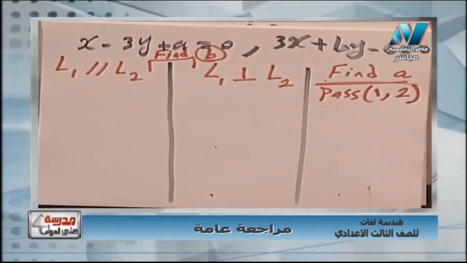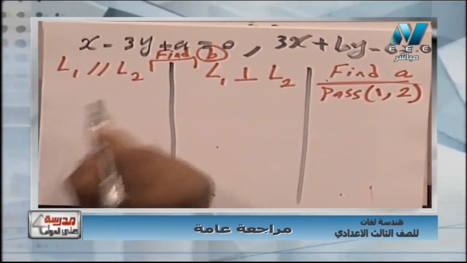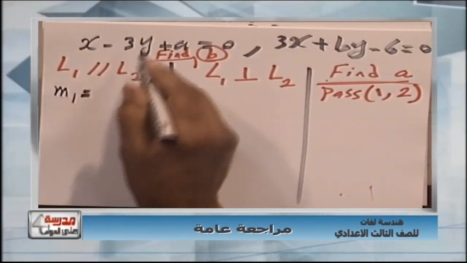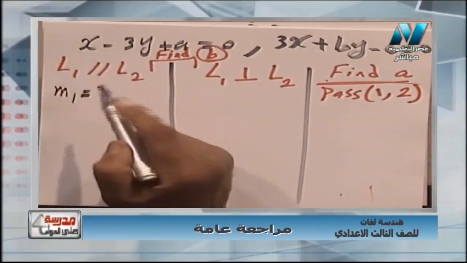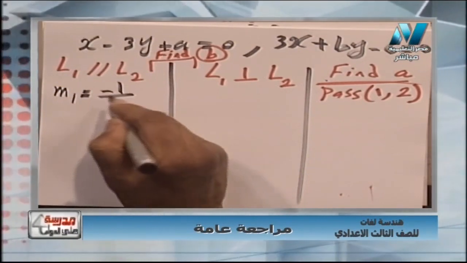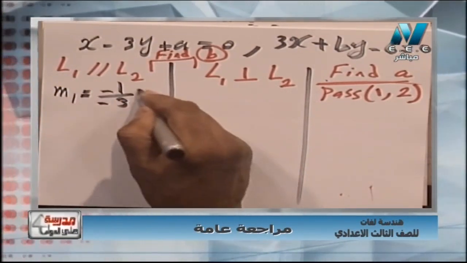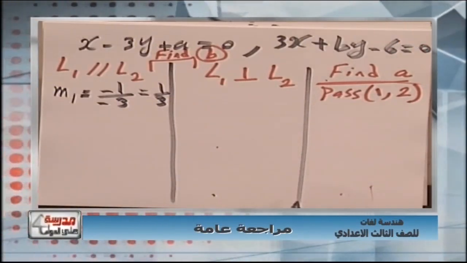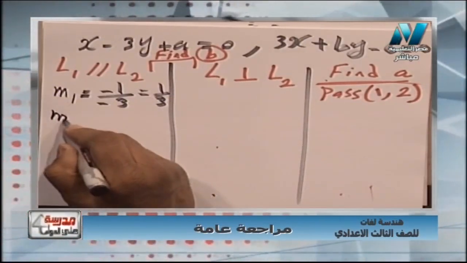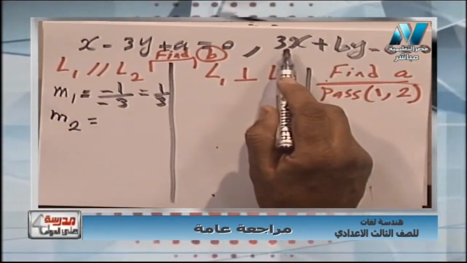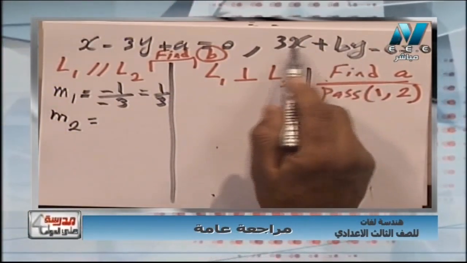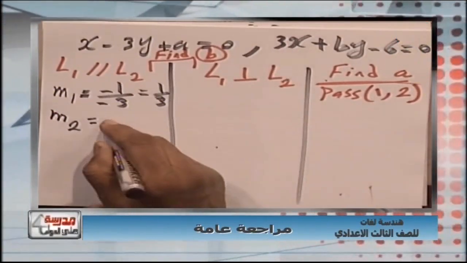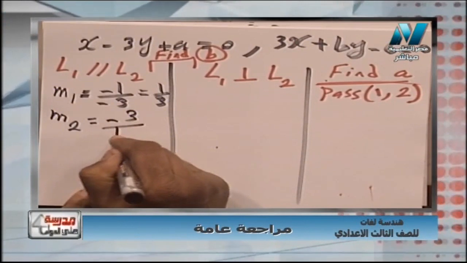When your two lines are parallel, we can get the slope first. m1 for the first line, the negative coefficient of x, -1 over -3, which means 1/3. Very good. And m2, the x beside y, then you can use negative: -3 over b.